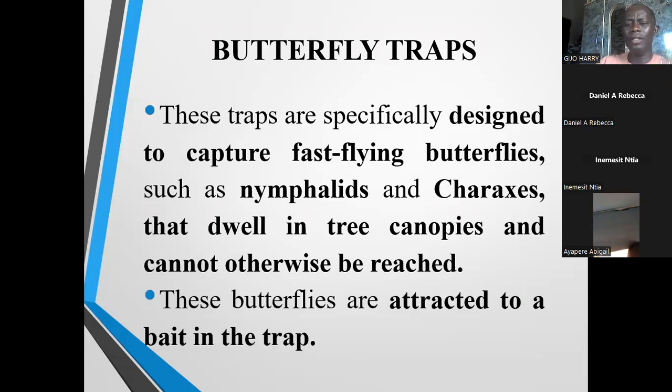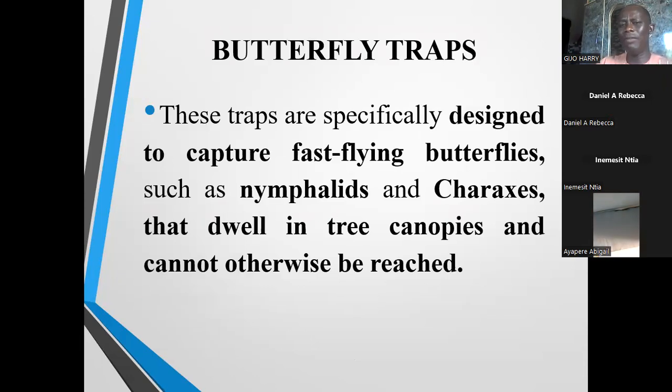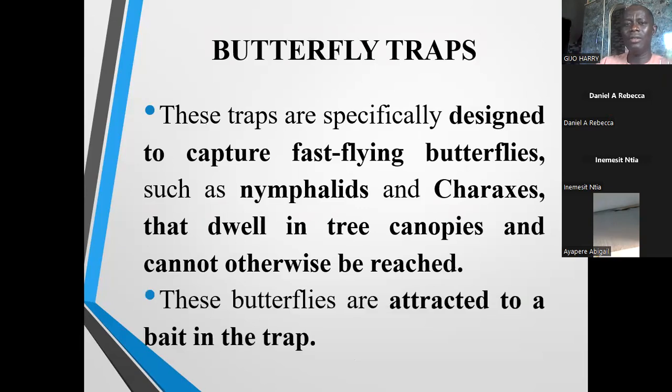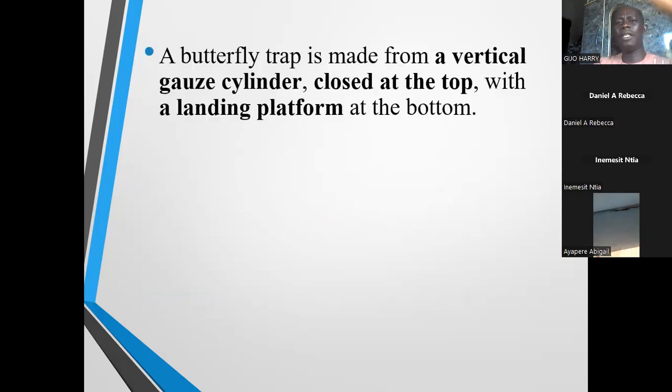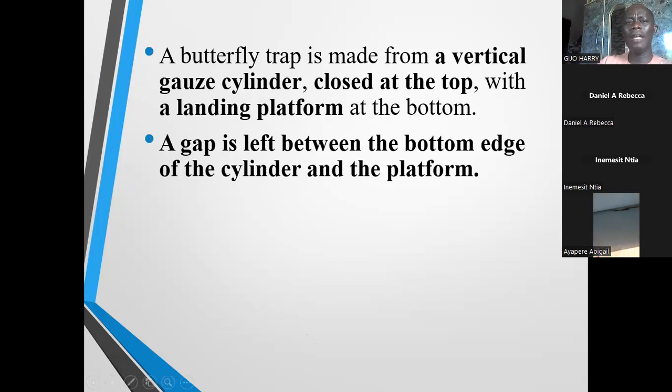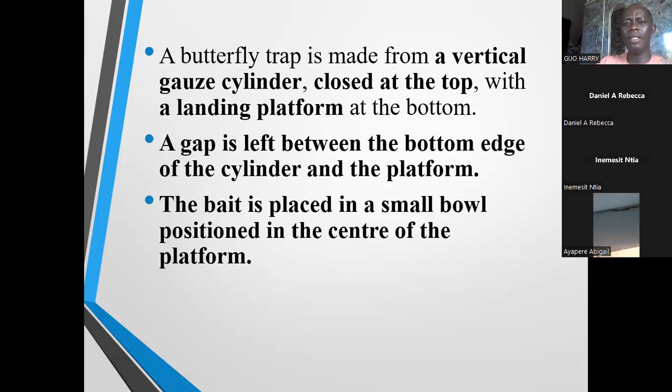The butterfly trap is used to harvest fast-flying butterflies that cannot be easily caught, and usually fly very high. They usually dwell in tree canopies, and since they cannot be caught, you prepare a butterfly trap and hang it on the branches of the trees, high up. It consists basically of a cylindrical fabric with the top enclosed, a landing platform, and a bait placed in a plate.